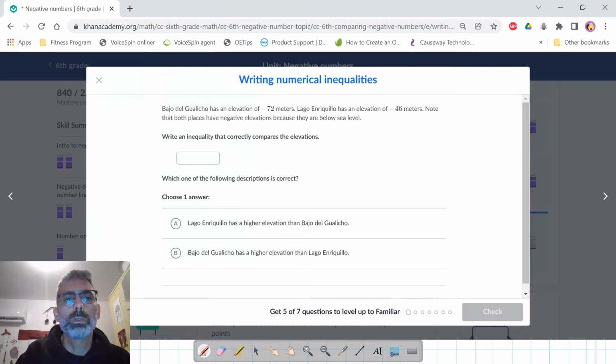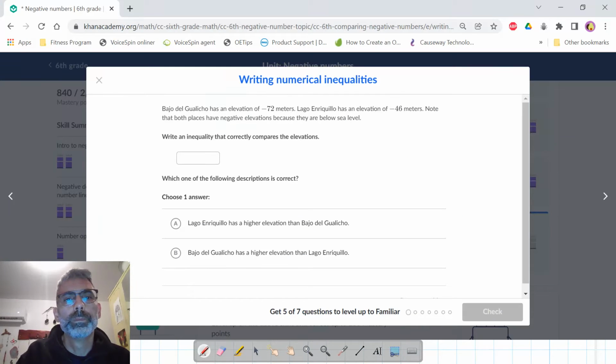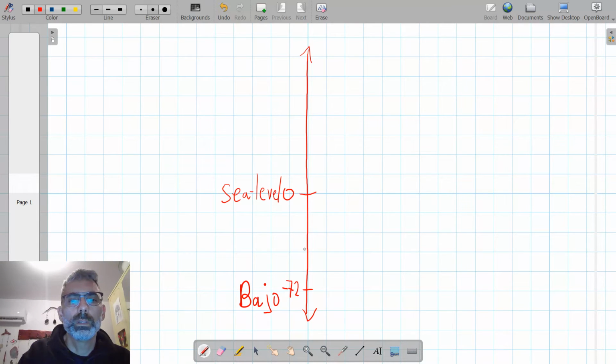And Bajo del Gualicho is somewhere here, let's say. This is negative 72, and this is negative 46.